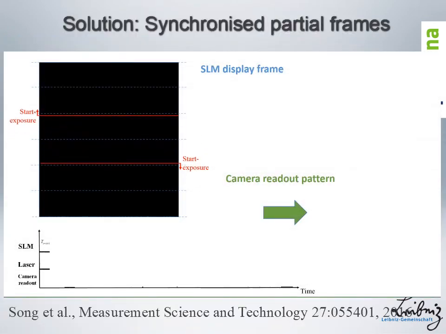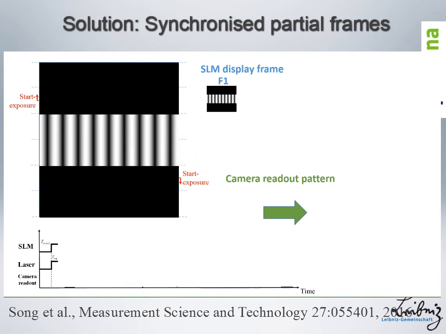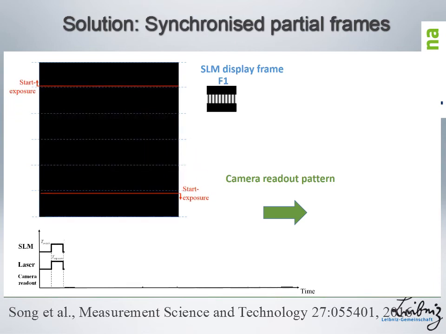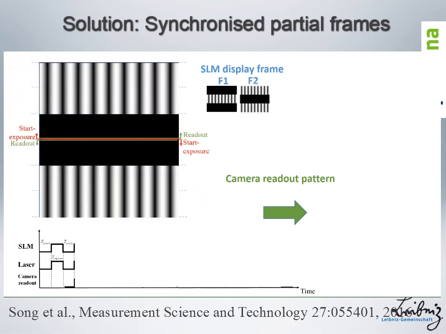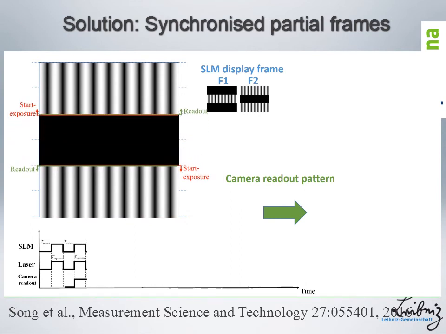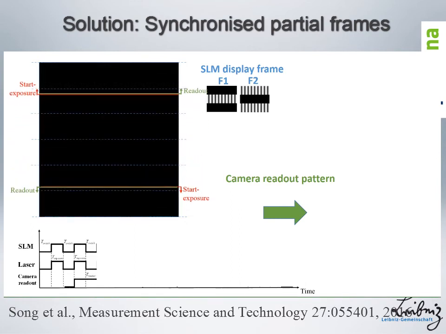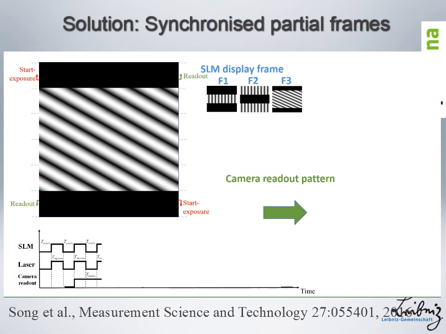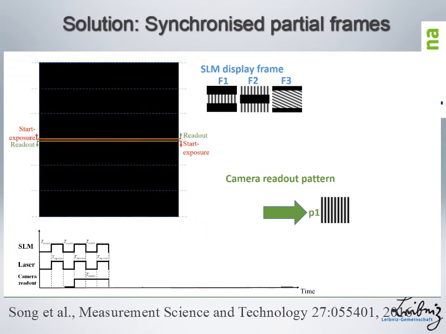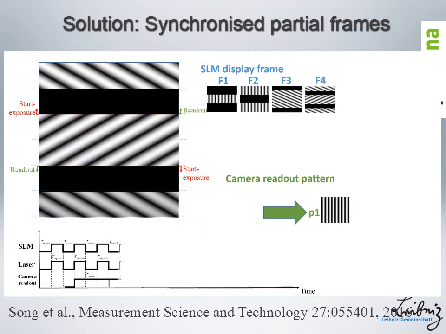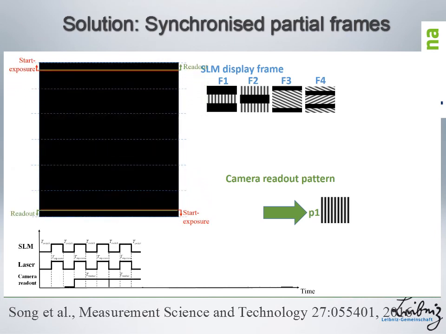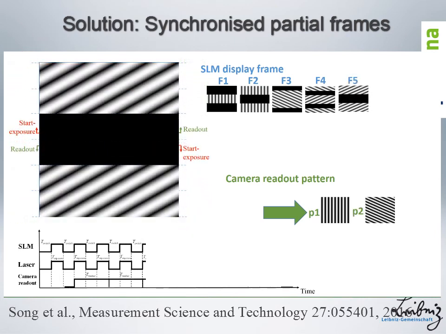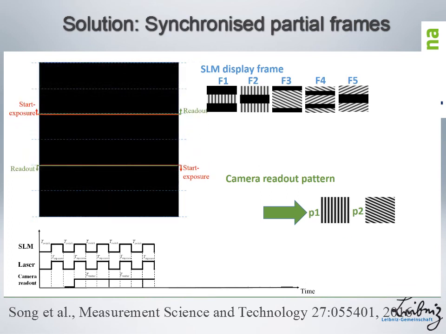So this is what I said. This is the animation of how we expose. You see the start exposure line going through, and at the same time the read line that sort of precedes it directly. If you time everything right and expose the different things like it is shown here, you see that the total camera readout pattern that you obtain is really like this.